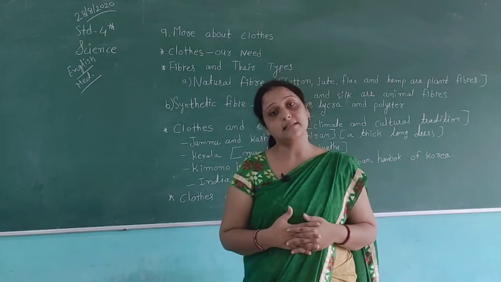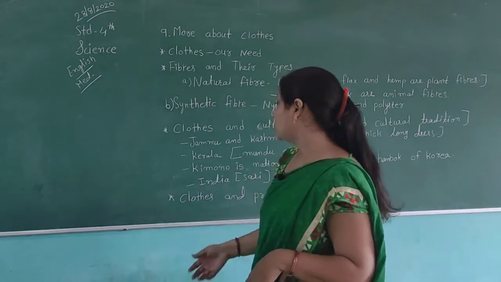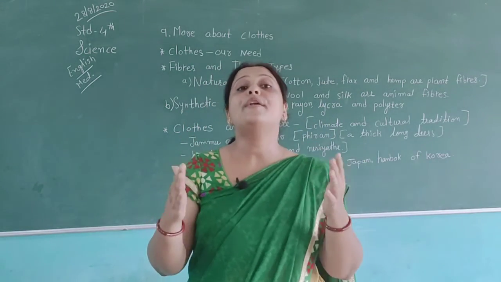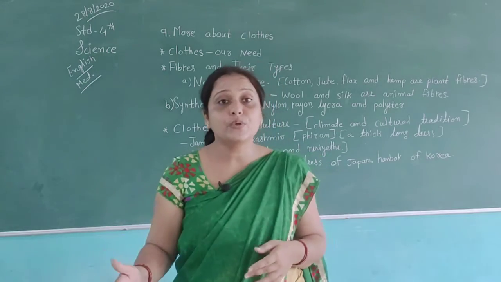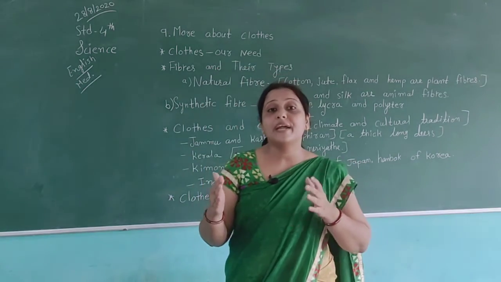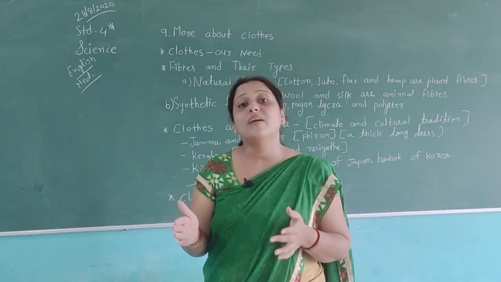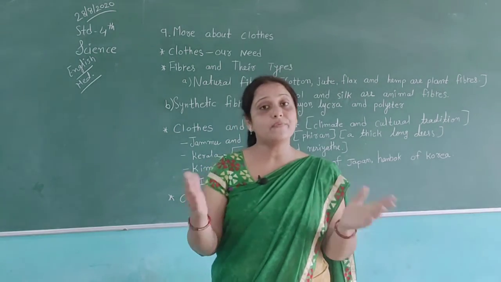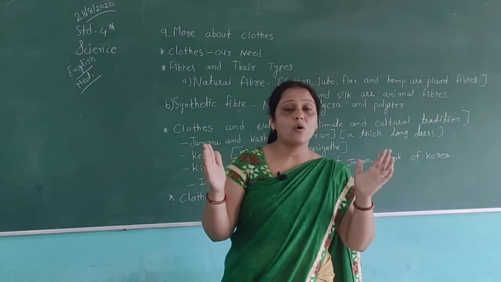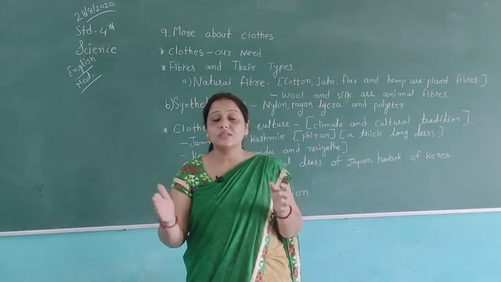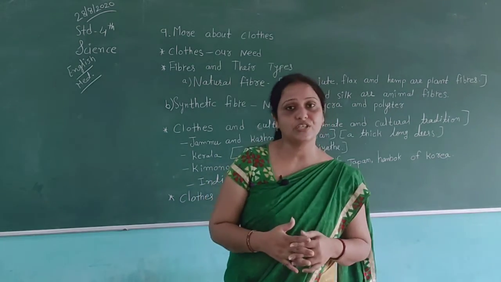In India, sari is our national dress. Then clothes and profession. All types of people want to wear clothes according to their profession. Advocates always wear a black coat. Nurses and doctors wear white clothes because they have different professions. We can also see people use different types of clothes according to their profession.